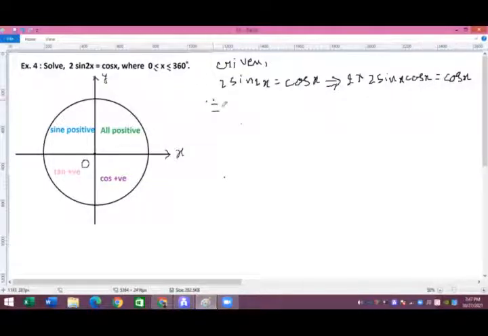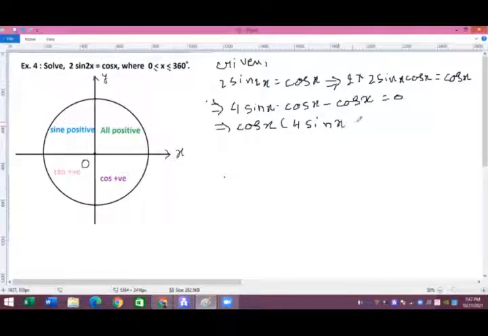So now it is 2 times 2 is 4, and then sine x, and then cos x, and if you transpose this to the left, it's going to be minus cos x equals 0, and then take out cos x common, and inside you will have 4 sin x minus 1 equals 0, and therefore you can see from this equation, cos x equals 0.